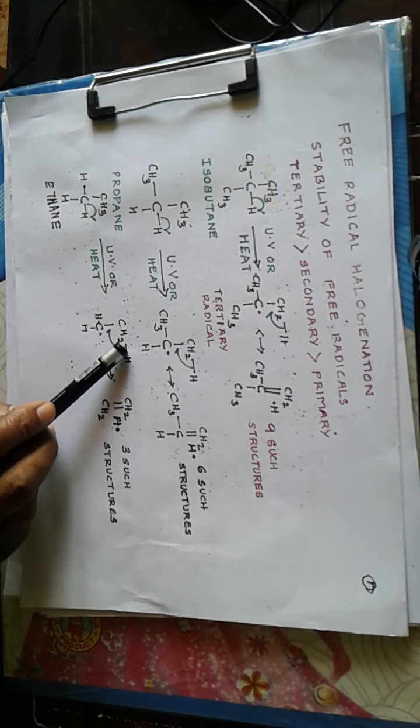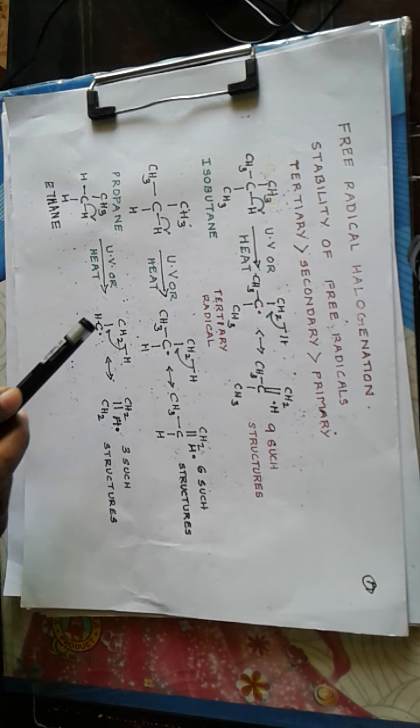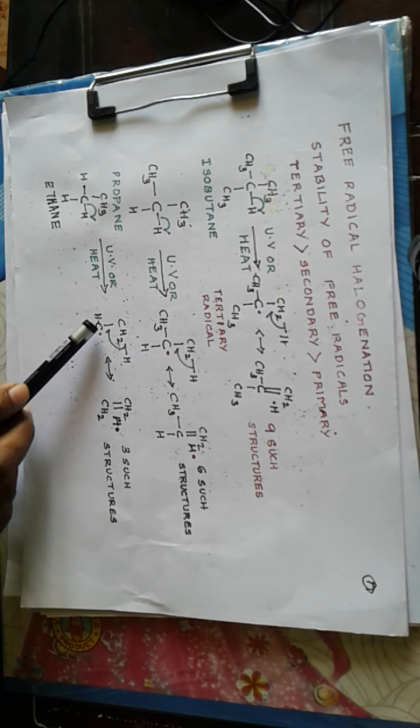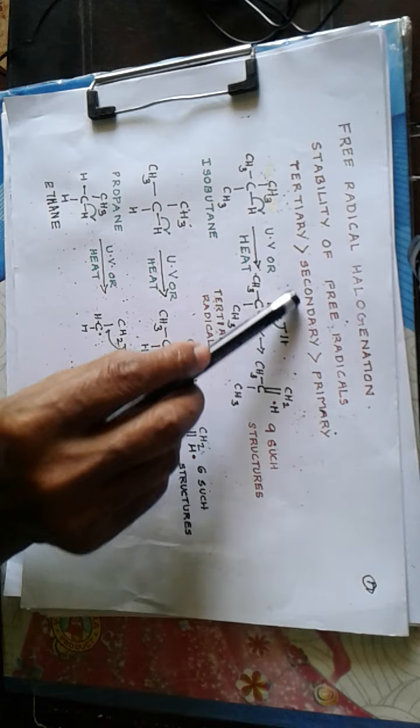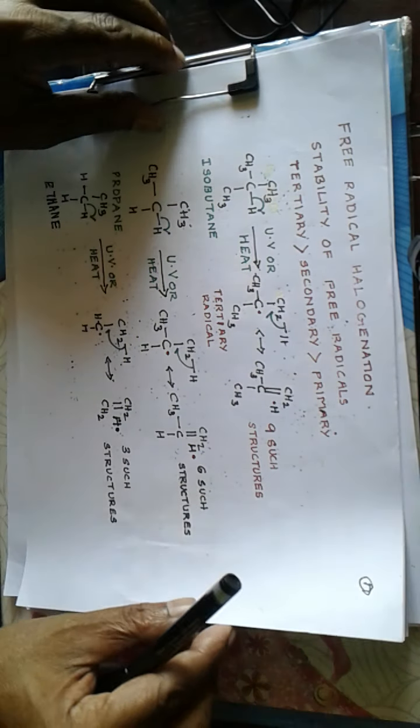This C-H bond undergoing homolysis, so that this carbon will possess an unpaired orbital, and this carbon possessing an unpaired orbital, these two orbitals will be mutually parallel, so they will overlap to get a pi bond, and this H radical is in tight contact with this pi electron system, and hence the primary radical has the least number of canonical structures, and the primary free radical is least stable. So the stability of free radicals is in the order tertiary greater than secondary greater than primary.